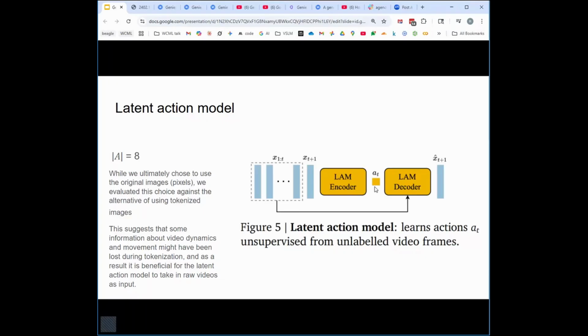Yeah, I think basically the way I think about it is, remember, these are platformer video games, and they have screen grab recordings of people playing the video game. But they don't have labels of what the user is doing on their controller, in terms of the joystick and the X button and the A button and that kind of stuff.